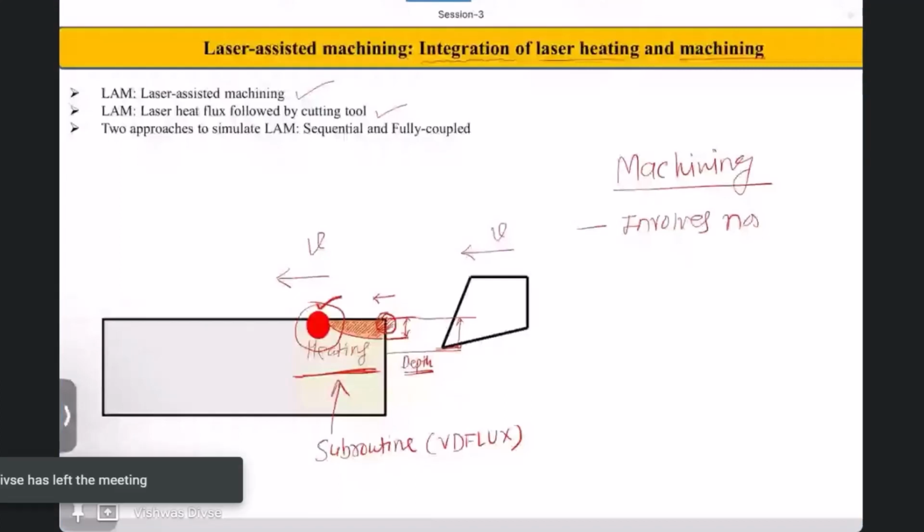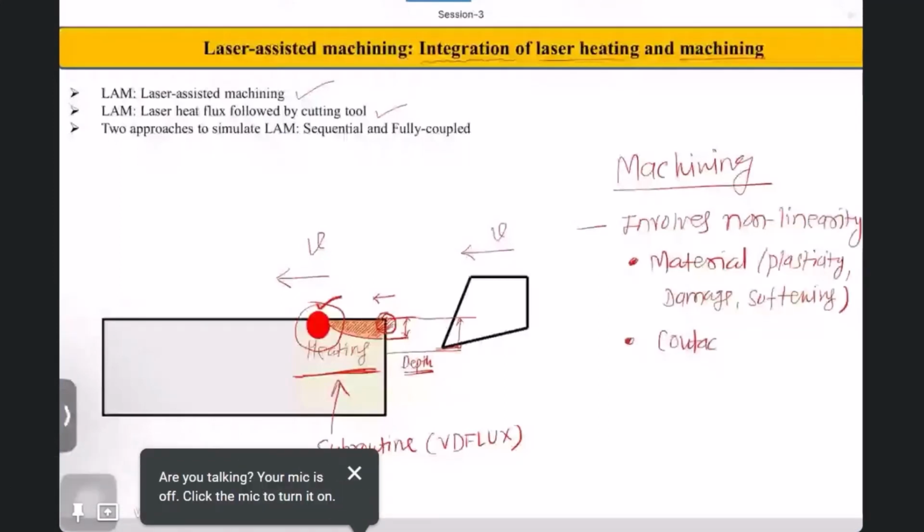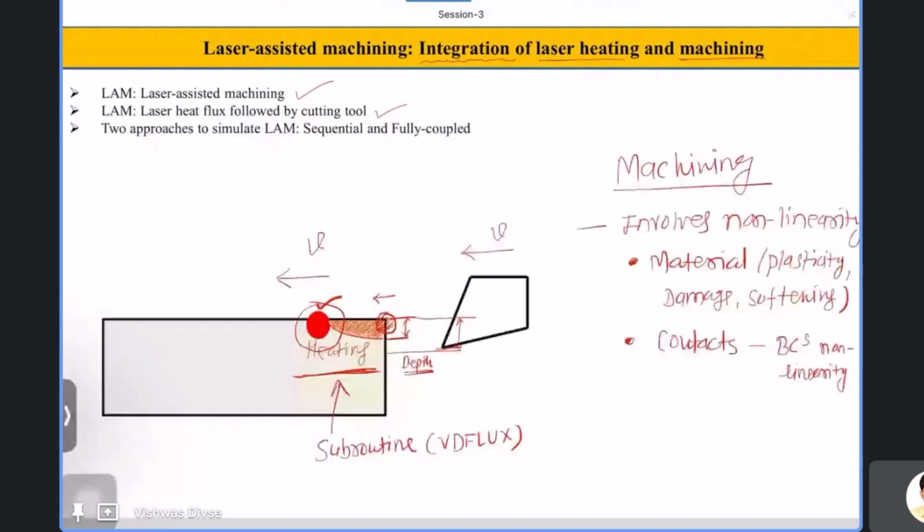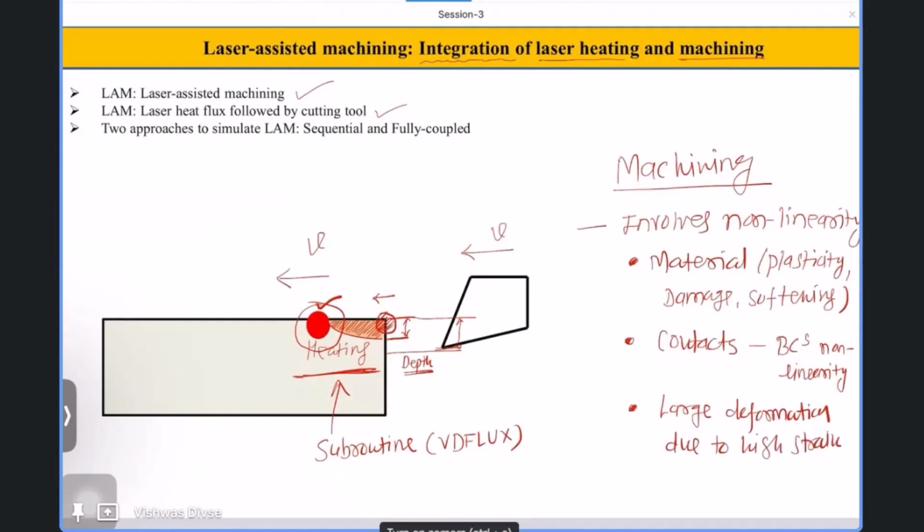Other contacts are involved, so that is boundary condition nonlinearity. And definitely there is a large deformation involved due to very high strains. So all three sources of nonlinearity, geometric nonlinearity, contact and material, are involved in machining.